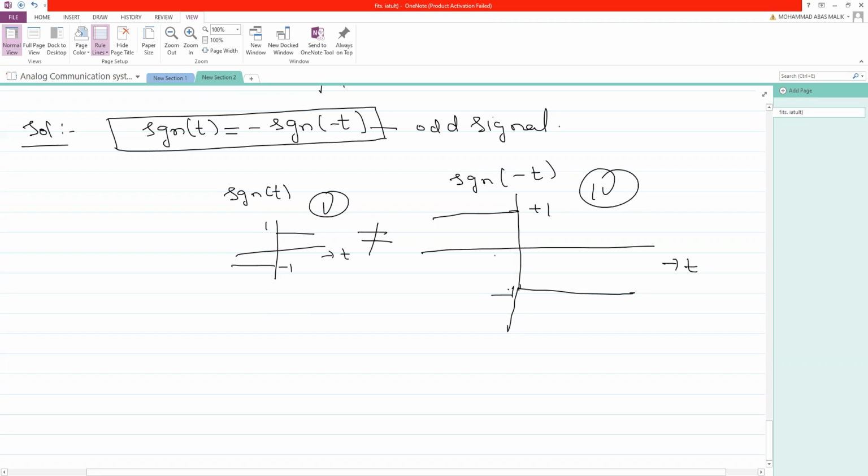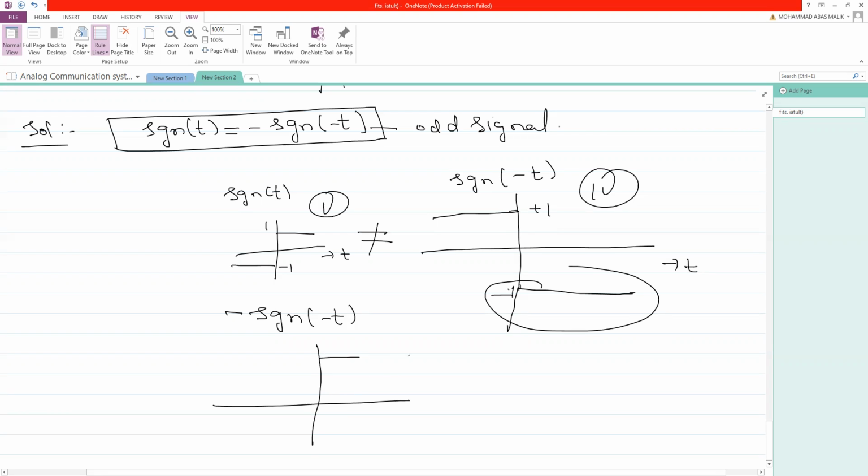Now, is this odd or not? From the second graph, signum of minus t, you put a minus on the amplitude. Positive amplitude will be converted to negative, and negative will be converted to positive. So you have -1, and this is your minus signum of minus t.